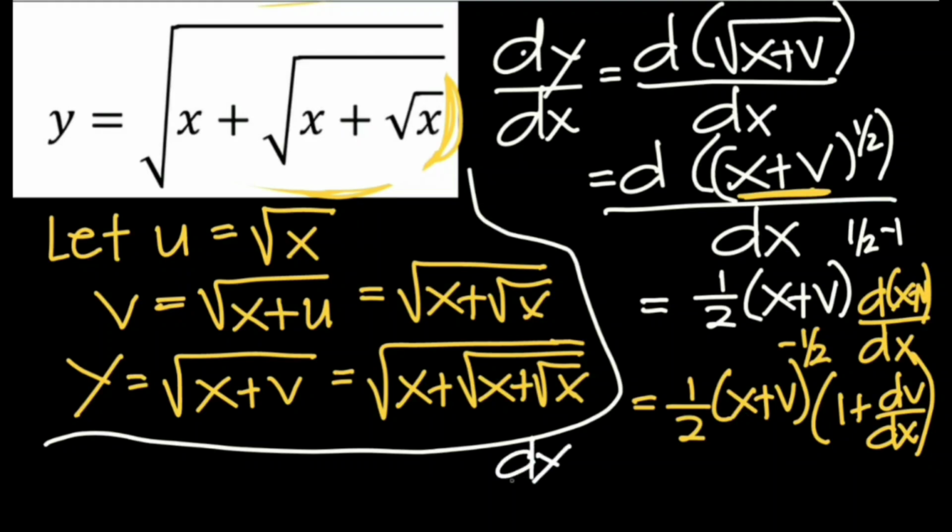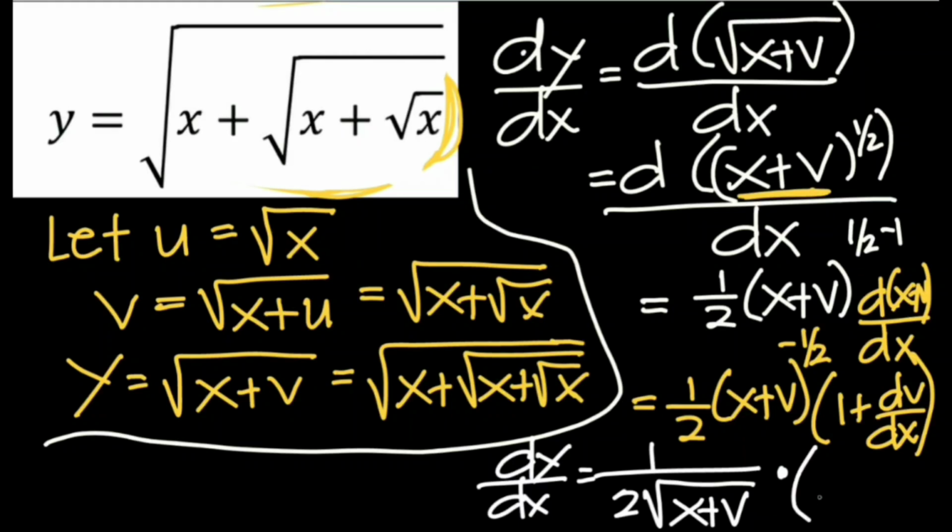Therefore, dy over dx is just equal to 1/2 times x plus v to the negative 1/2. We can write that as 1 over 2 times x plus v to the 1/2, or simply the square root of x plus v, times 1 plus dv over dx.